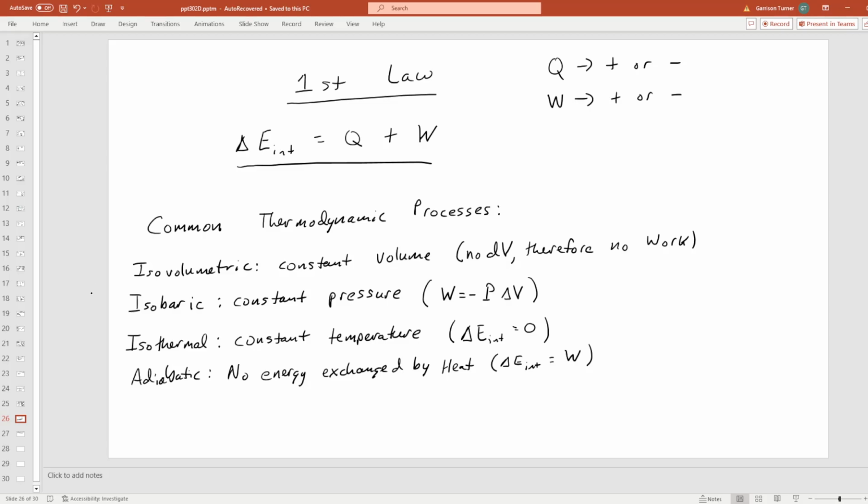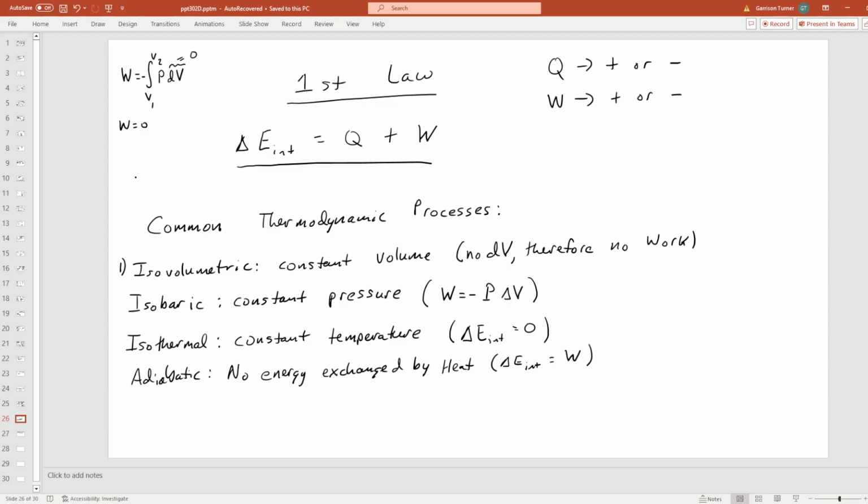Okay, so you have isovolumetric, and isovolumetric means your volume remains constant. Now, if your volume remains constant, you don't have any dV. And since work is equal to the integral of P dV, if dV equals 0, then the work done equals 0.